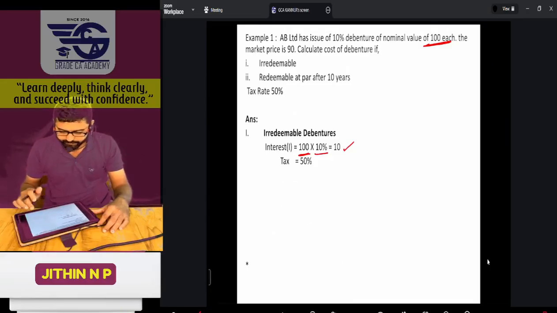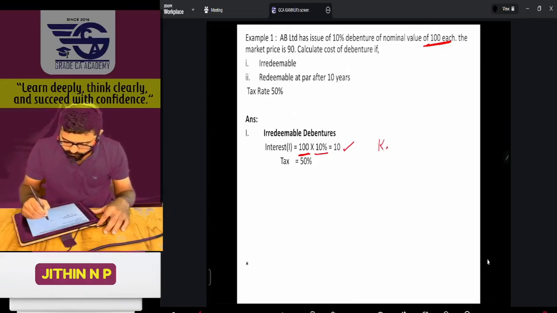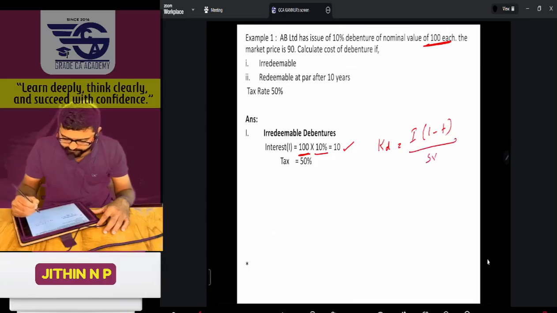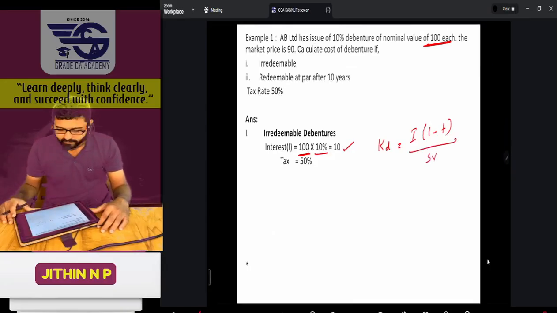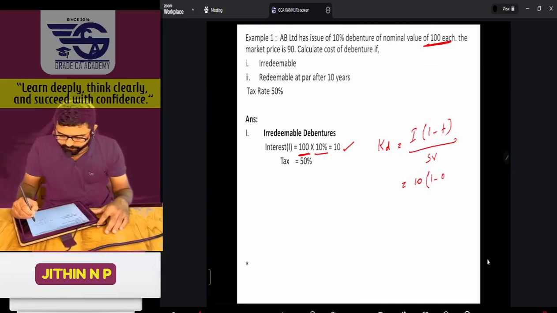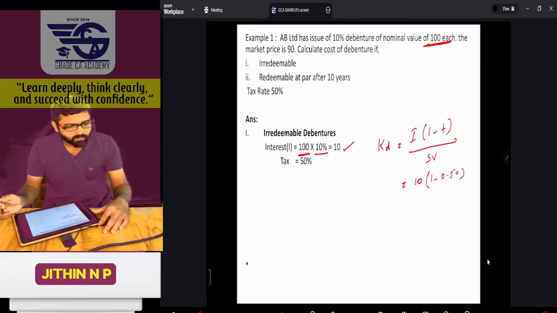What is the formula? KD is equal to I into 1 minus T, whole divided by SV. I we got 10, so 10 into 1 minus T. 1 minus 50% is 0.50. Clear?